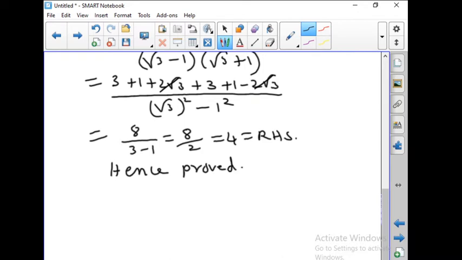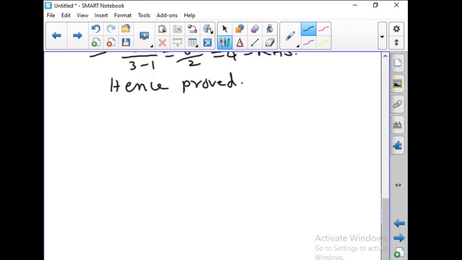Now we will do question number 15. 15th question. Prove that sin (n plus 1) theta into sin (n minus 1) theta plus cos (n plus 1) theta into cos (n minus 1) theta is equal to cos 2 theta, where n belongs to Z. So take the left hand side.